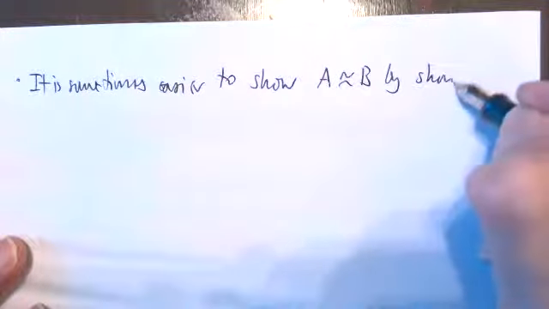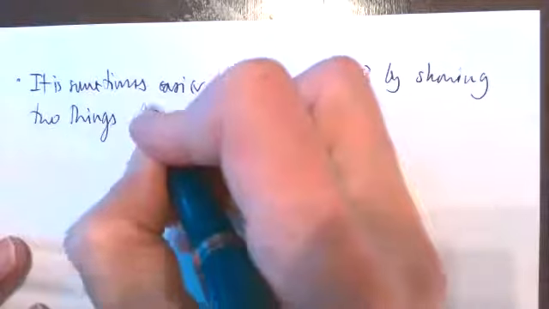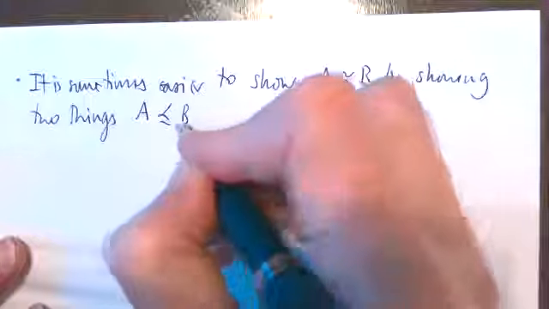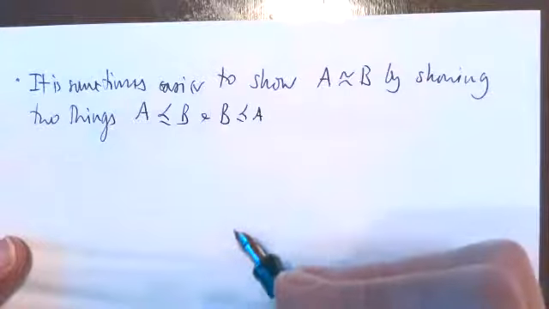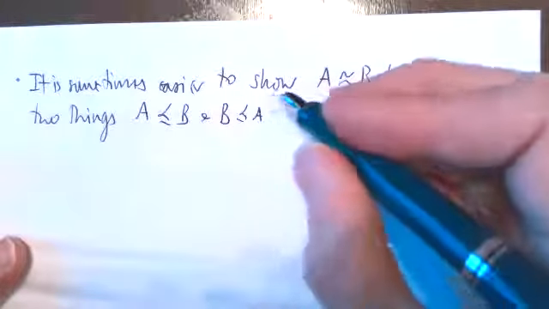So it is sometimes easier to show that A is bijective with B just by showing the two things, that A is injective into B and B is injective into A, and then appeal to the Cantor-Schroeder-Bernstein theorem.